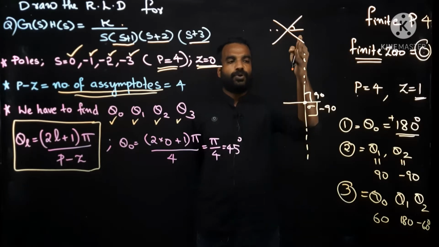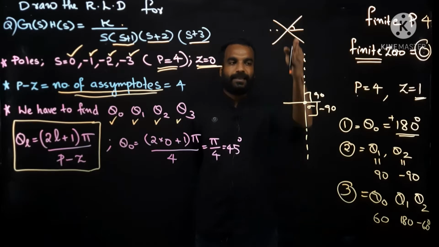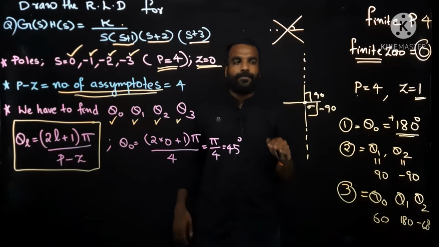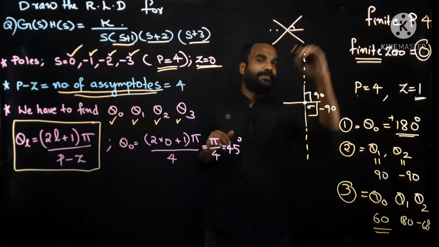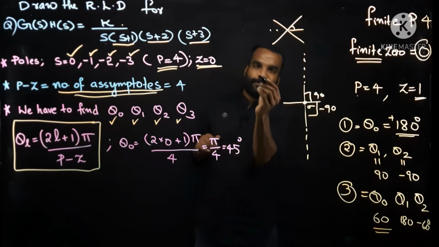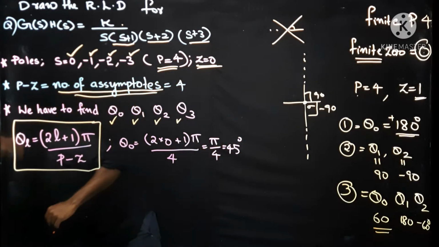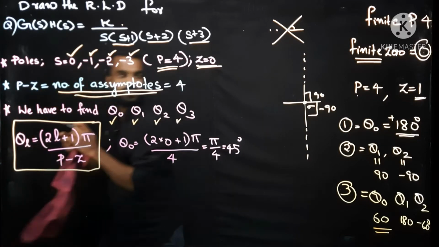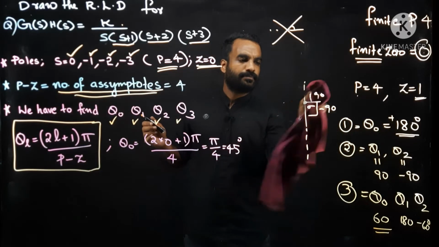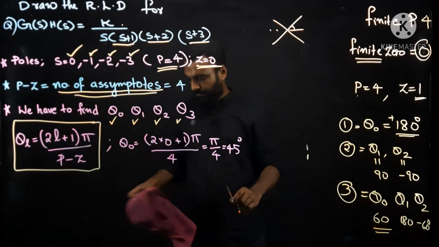If 2, you have to split the entire plane with plus 90 and minus 90. If 3, you have to draw the angles 60, 180, minus 60, like the leaves of a fan. I will draw it.